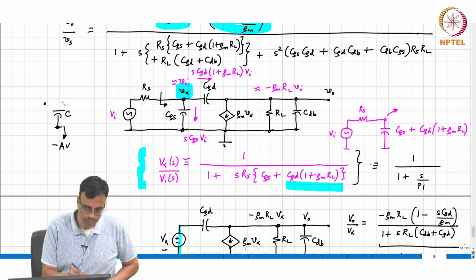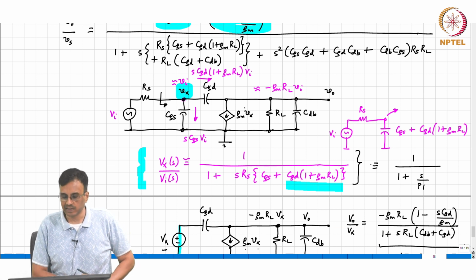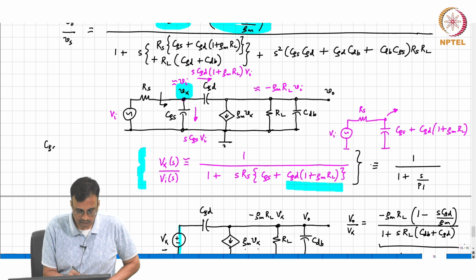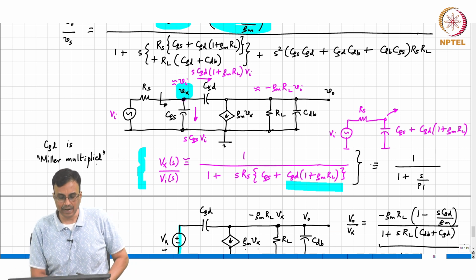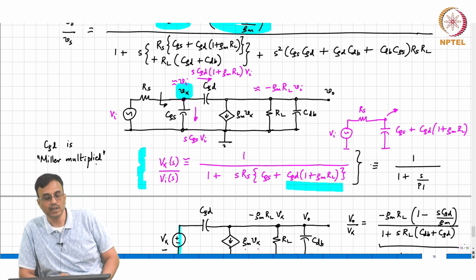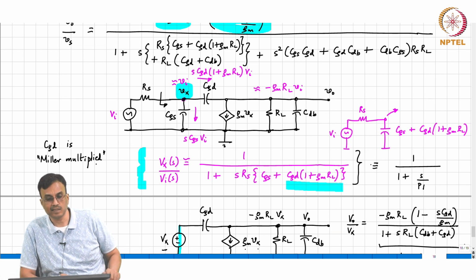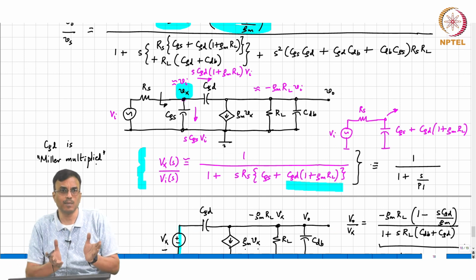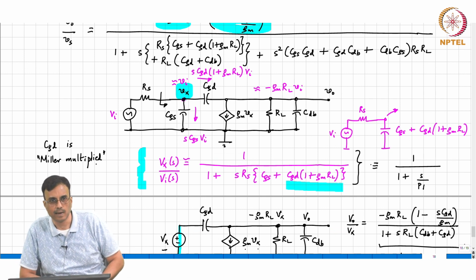All right. So this is an example of the evidence of Miller multiplication. CGD is Miller multiplied, so the effective capacitance that you see looking in is not CGS plus CGD, but CGS plus (1 plus GMRL) times CGD.